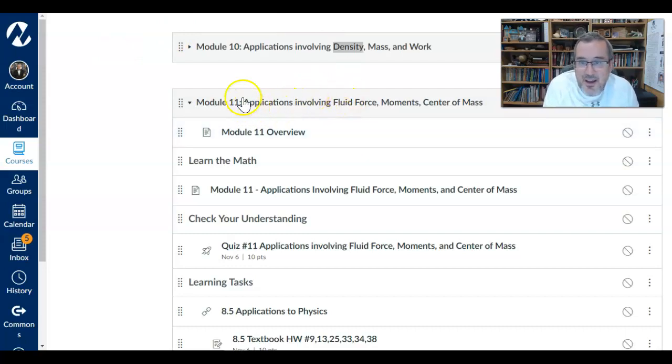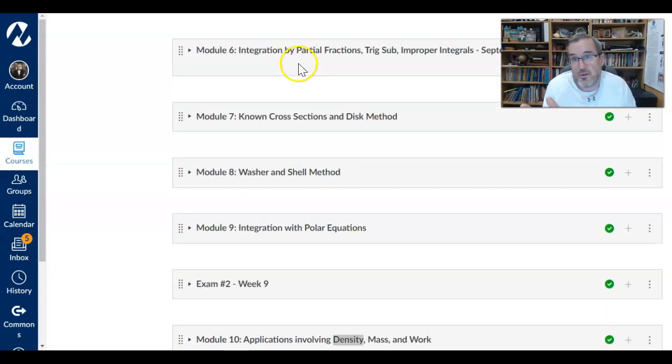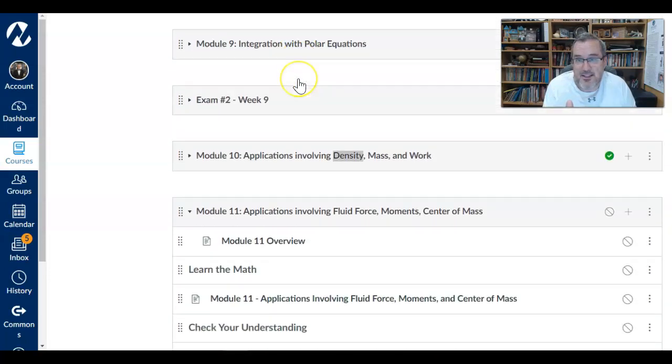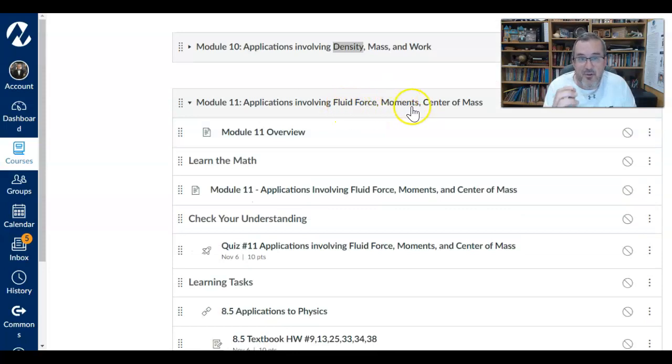Well, this week, our work is going to involve fluid force, moments, and center of mass. The whole point of all of this, these last several weeks, and really the whole course, has been a focus on summing stuff up: seeing a relatively real world situation and thinking about volume and arc length, even in polar coordinates, and then density, mass, and work, and now fluid force and moments.